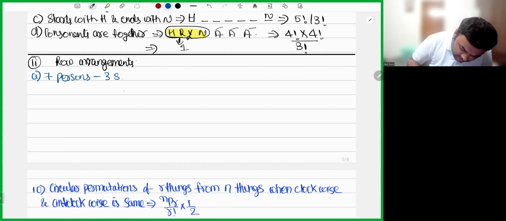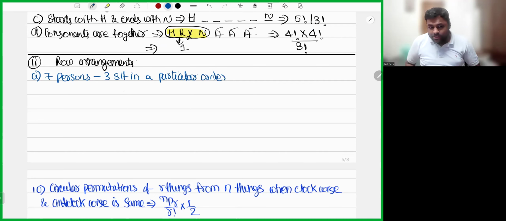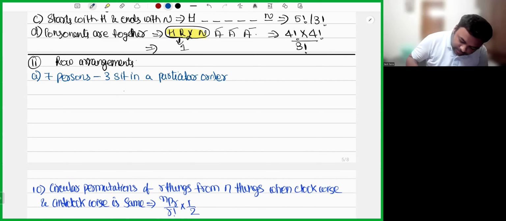3 sit in a particular order. I'm telling 7 persons are there and 3 people sit in a particular order. How will we do this? Simple. Row arrangements in 7 places: 1, 2, 3, 4, 5, 6, 7.